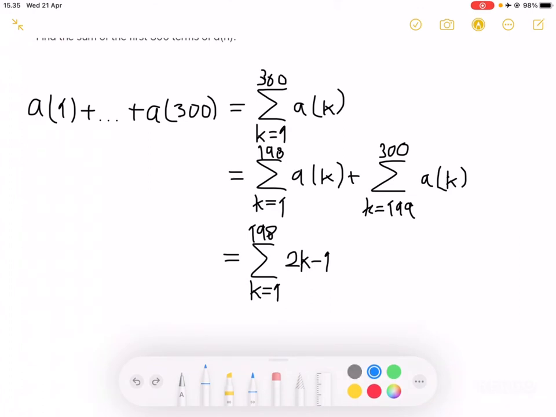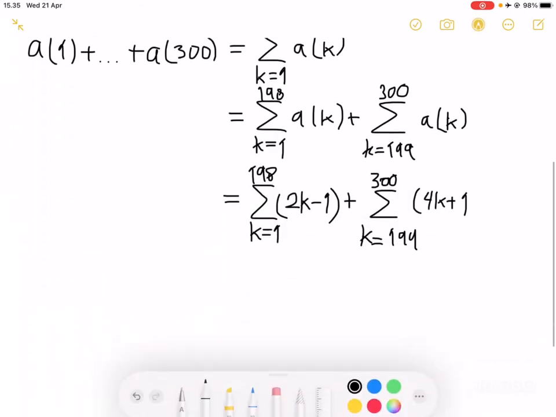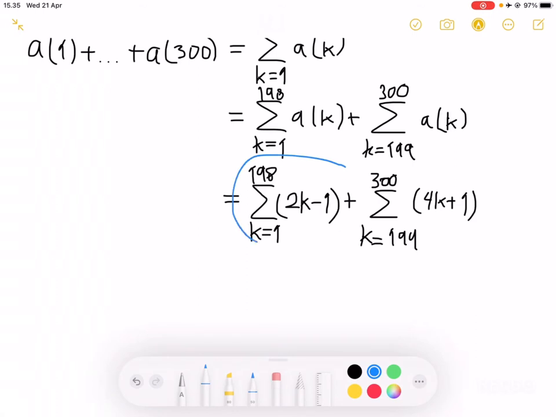And on the other hand, for the second summation, I'll just put a parenthesis there, just not to confuse you guys, k goes from 199 to 300. That will be 4k plus 1. There we go.